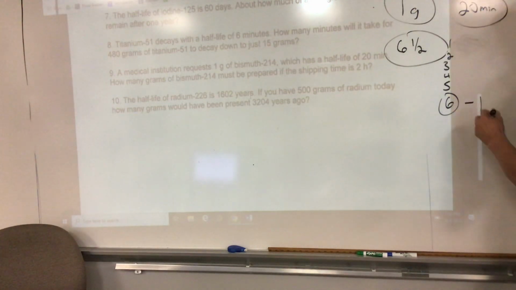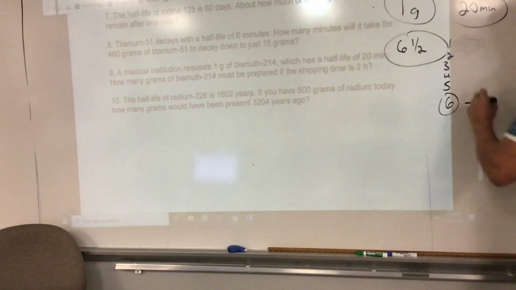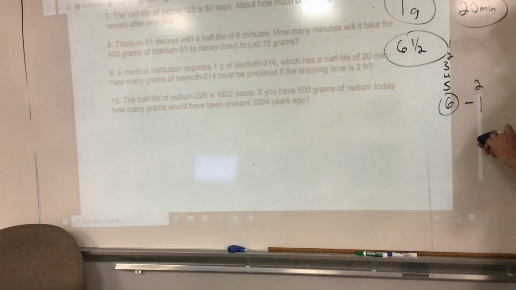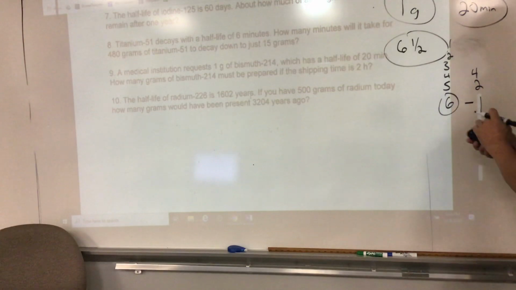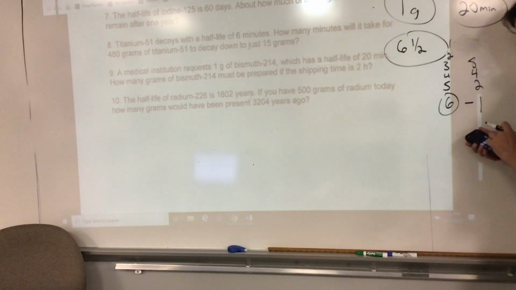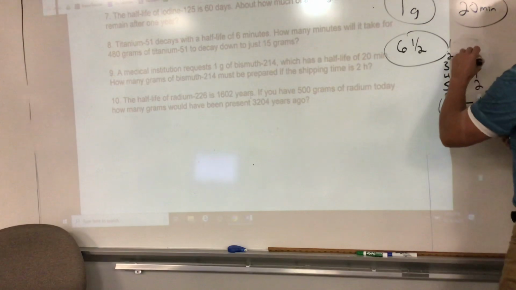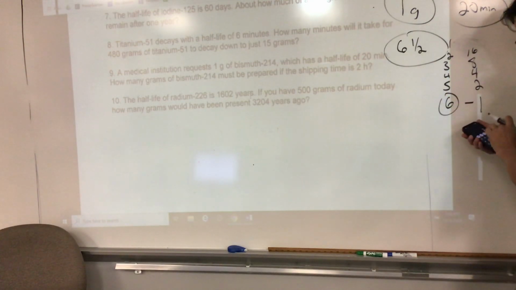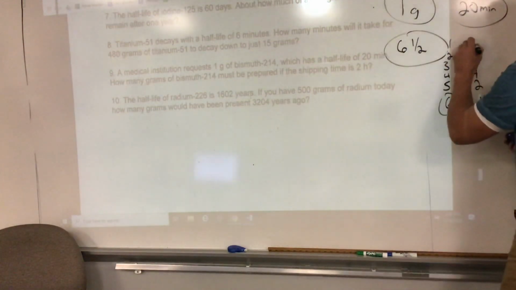So 1 times 2 is 2. Then times 2 again, after 4 half-lives, it's going to give me 4 grams. Times 2 is going to give me 8 at 3. Times 2 is going to give me 16. And then times 2 is going to give me 32 after 1 half-life.